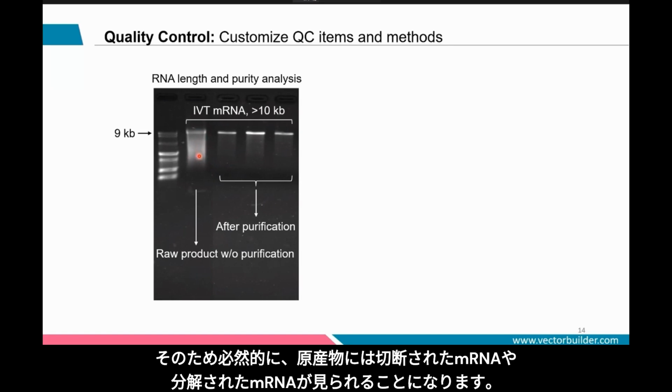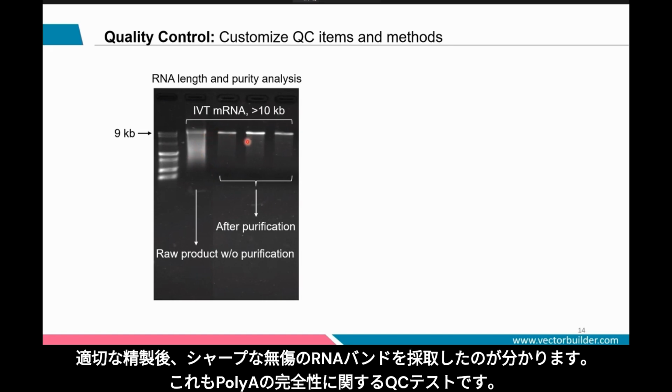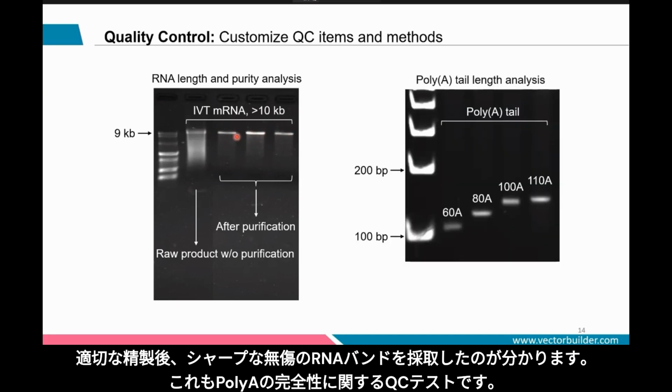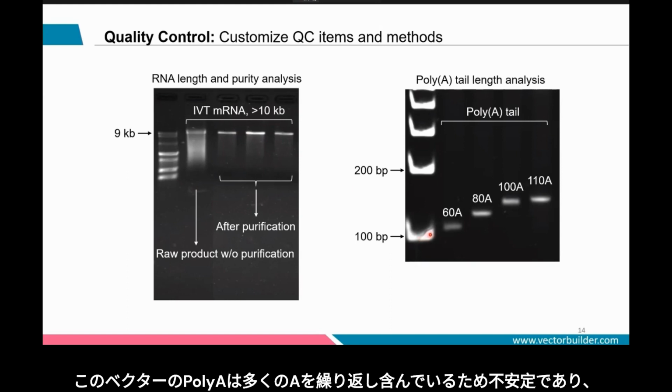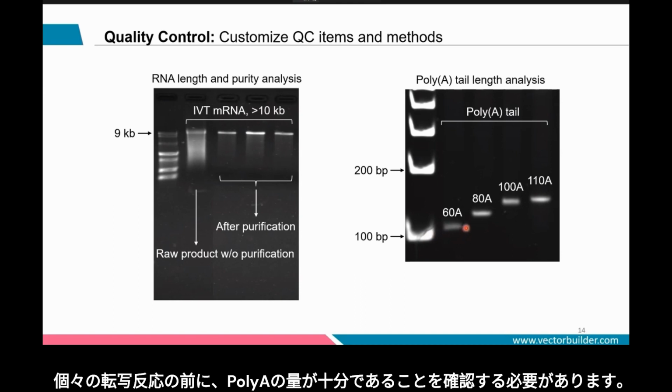After proper purification, we collected really sharp, intact RNA bands. And this is another QC test on the integrity of the poly-A tail. Because the vector contains so many repeated poly-A, it is very unstable, and you have to do the necessary QC to make sure it has enough poly-A before the in vitro transcription reaction.